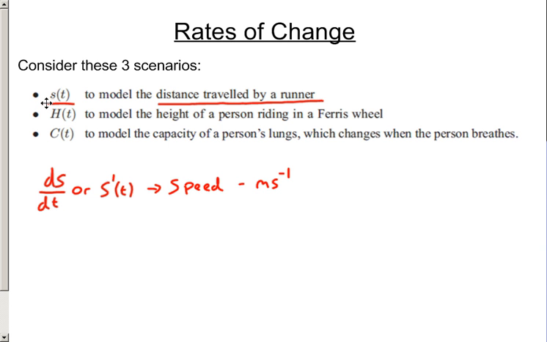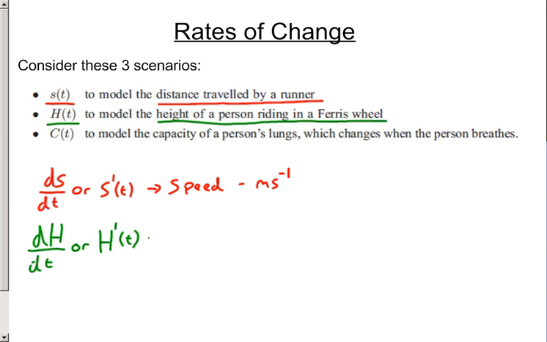The second example, h of t, models the height of a person riding a Ferris wheel. So this time we're thinking of dh by dt, the change in height with respect to time. Or we might write this as h dash of t. This is saying the change in height with respect to time.